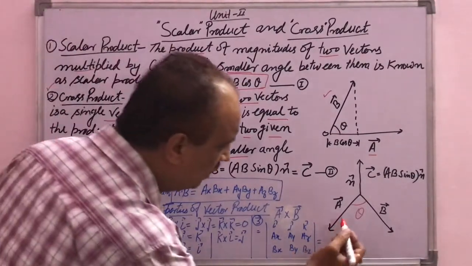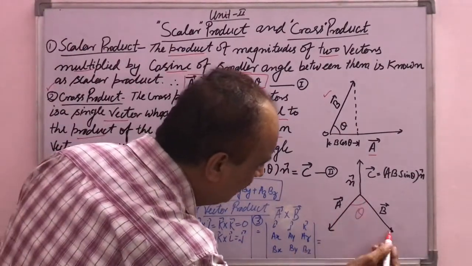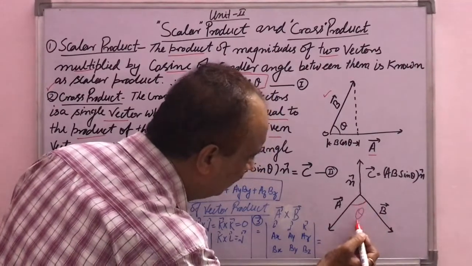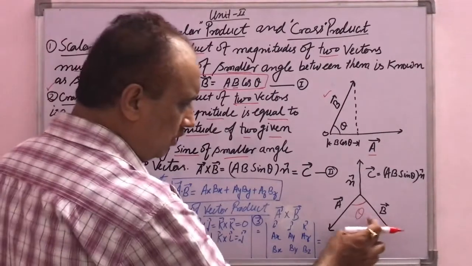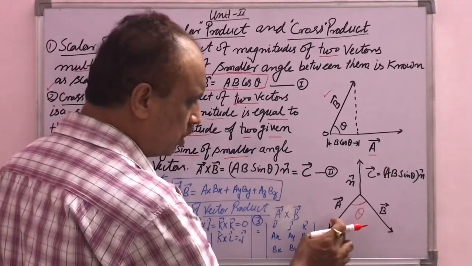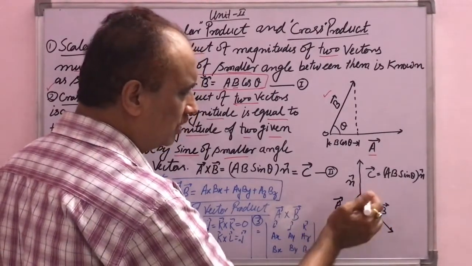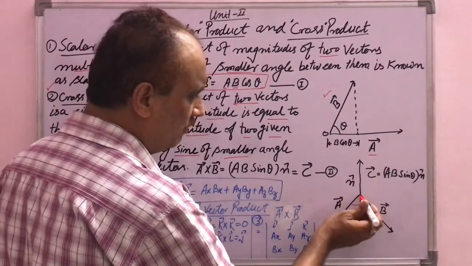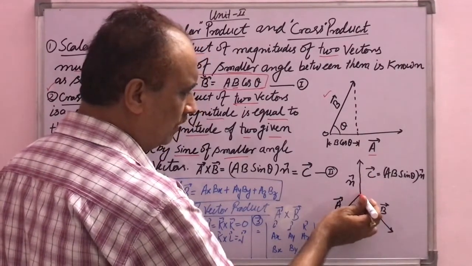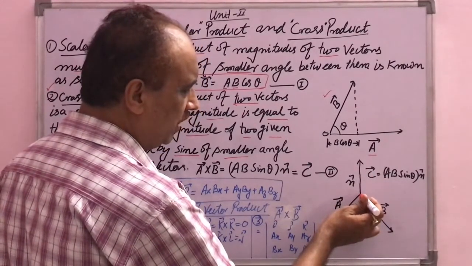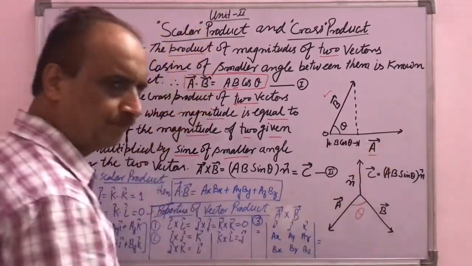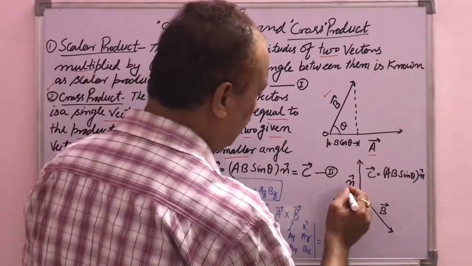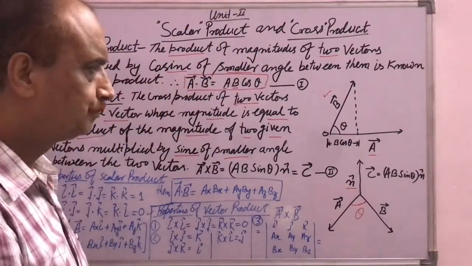Again we consider vector A and vector B inclined at an angle theta, where theta is the small angle between them. When we multiply these two under the cross product, we get another vector, vector C, which is perpendicular, that is normal to the plane of A and B. We represent it with the unit vector n.